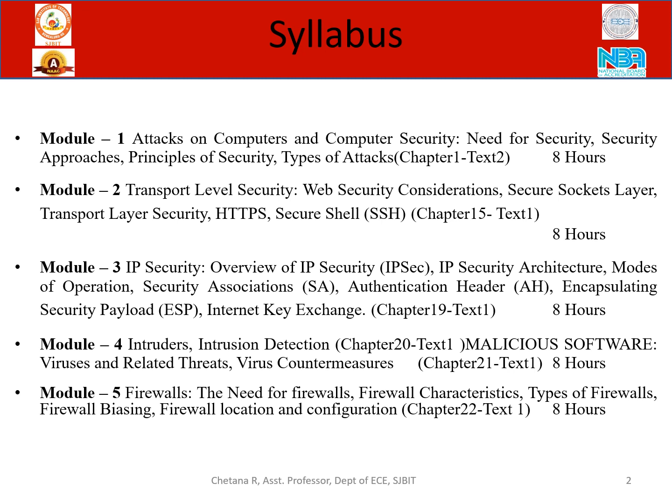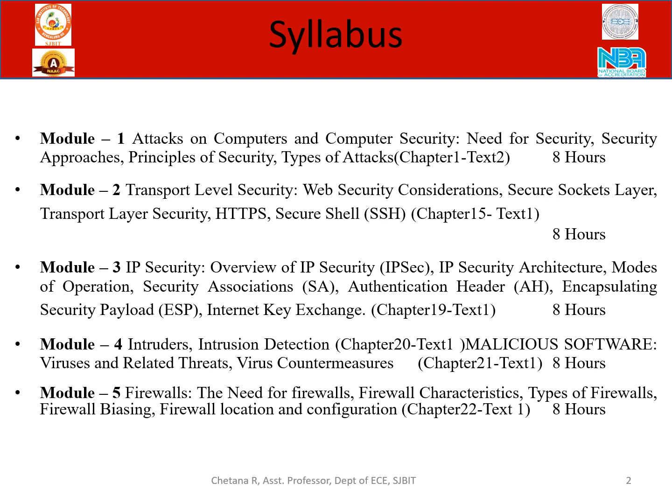SSH. And the third module is about IP security, where we understand the overview of IP security and what the architecture is, the various modes of operation, what a security association is, what we mean by an authentication header, encapsulating security payload, Internet Key Exchange, etc. And the fourth module is all about intruders and intrusion detection.